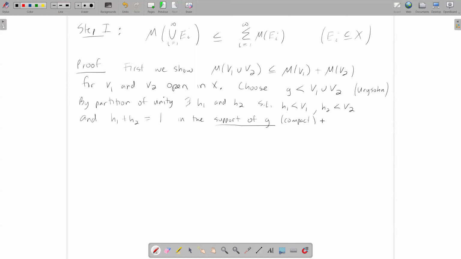When I use this notation, there's an embedded assumption that G has compact support. So that is our compact set K.